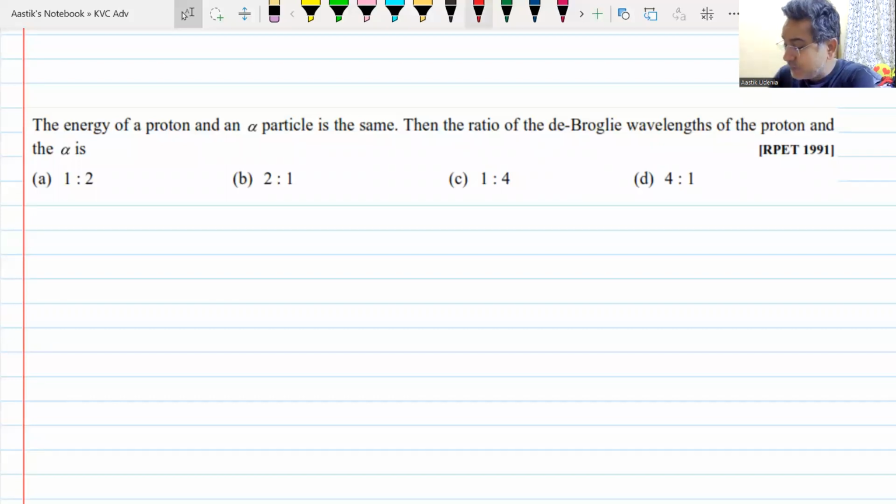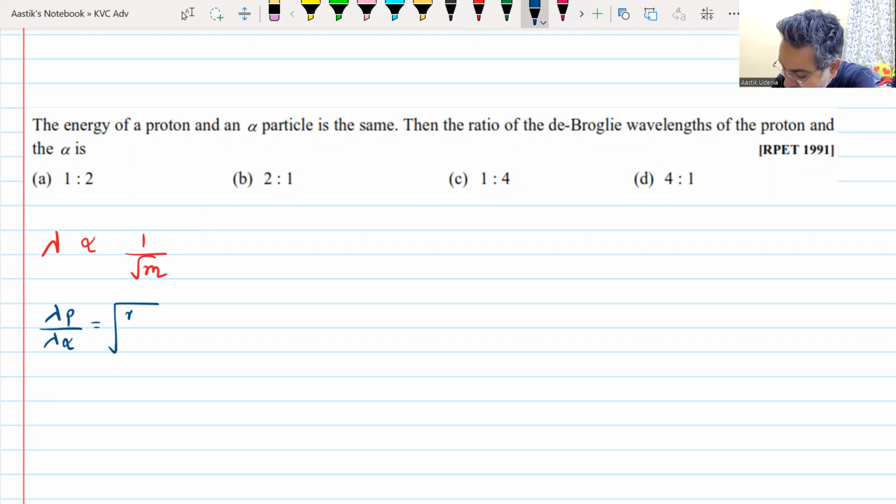Again, this question comes from the same concept. Lambda is proportional to 1 by root over m, for charged particles moving with the same energy. So I can write lambda of proton divided by lambda of alpha particle equal to root over mass of alpha divided by mass of proton.